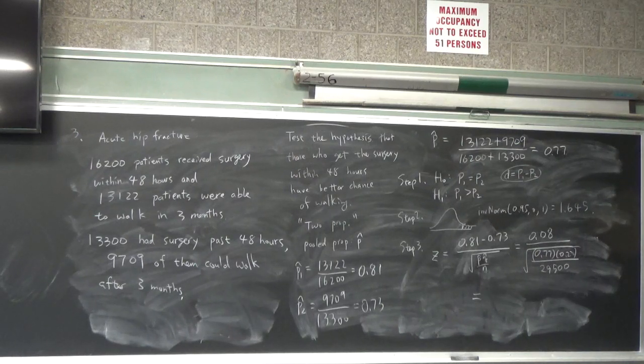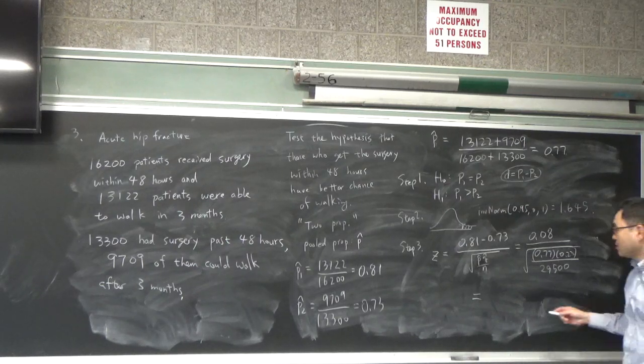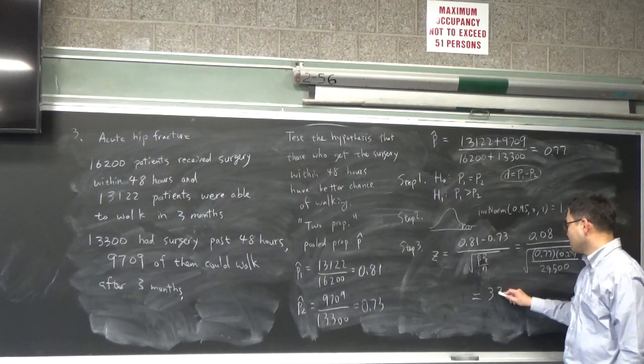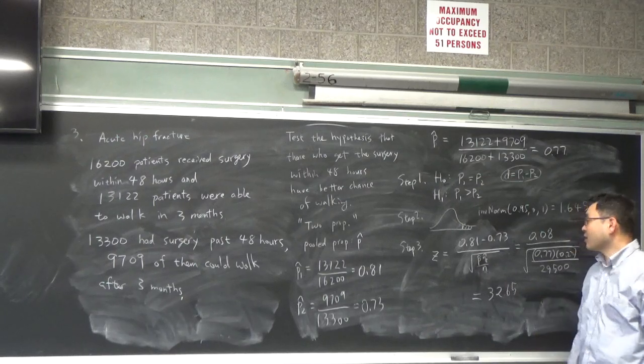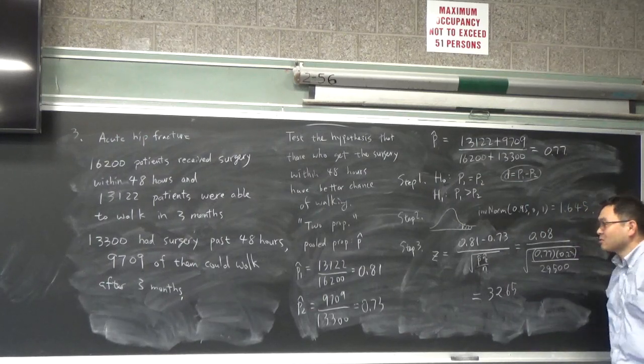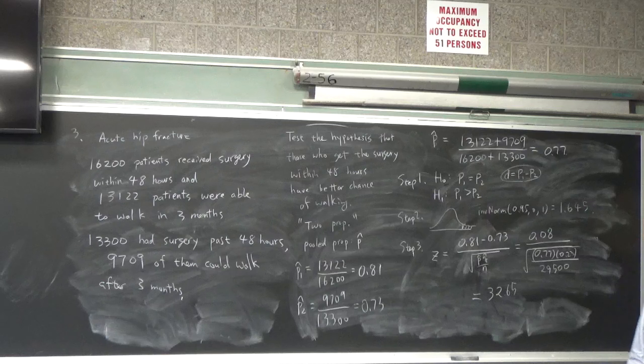That high? Yeah. Wow. I got that too. Yeah, that's really high. It's way, way over 1.645. So there's no question about it. For these numbers to be produced just by chance, no way.